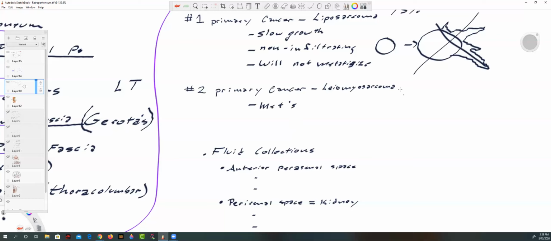I think both of these, especially the first one, can get huge. It is this one, it's got to be this one. It can get huge, the first one, the liposarcoma, because they grow slowly.